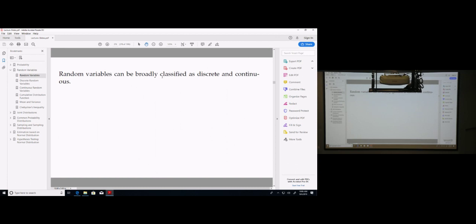This is not entirely 100% correct, but it is correct at this level, because there are some other random variables that are neither discrete nor continuous, but they will not concern us at this point in this module.